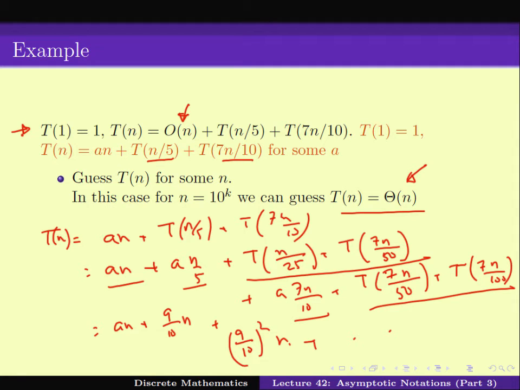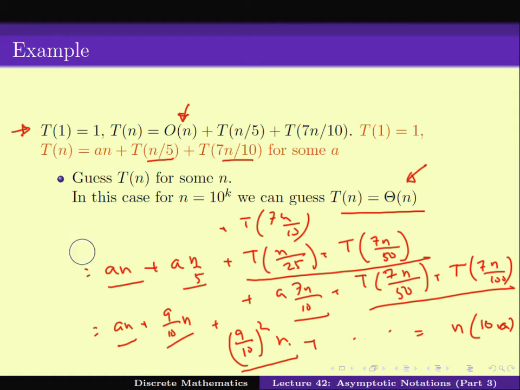And the summation of an plus 9n by 10 plus 9n by 10 whole square and so on is some number, it's an times something like 10n, 10a or something.